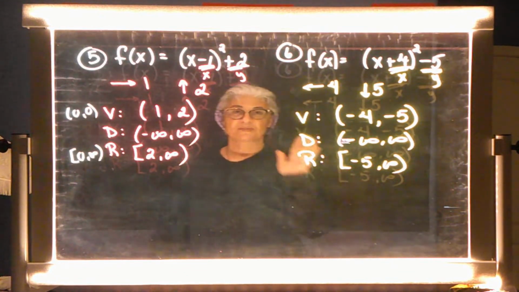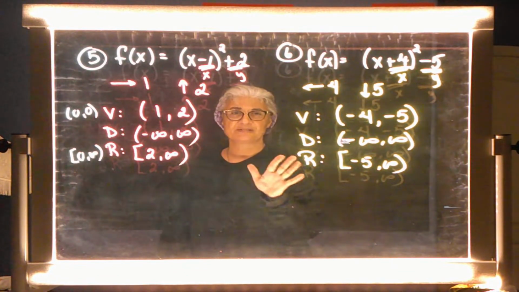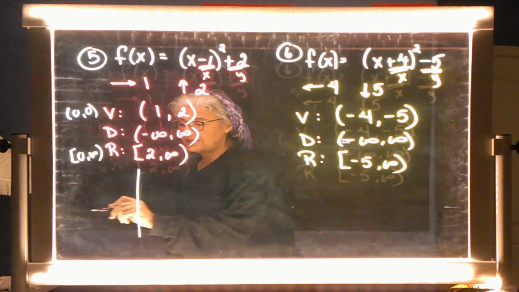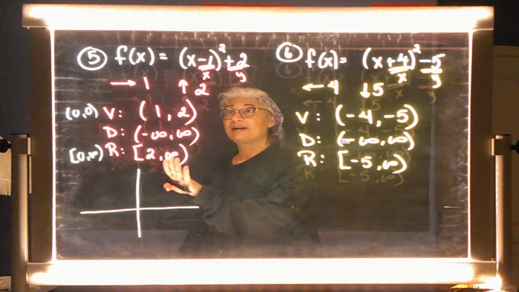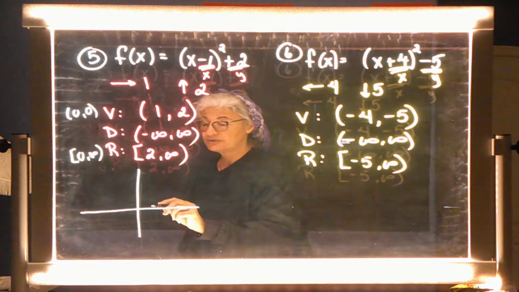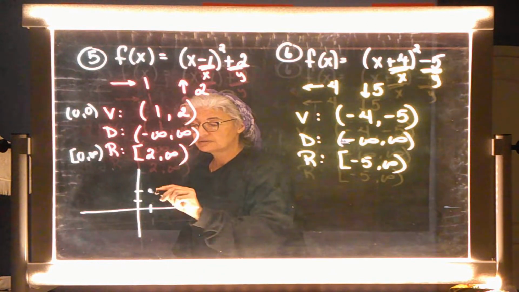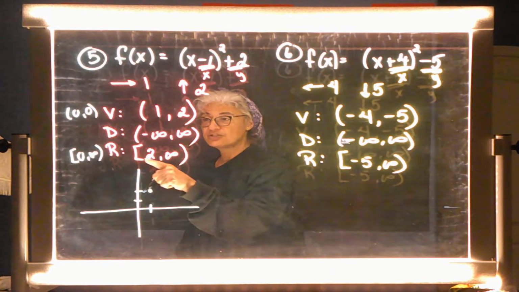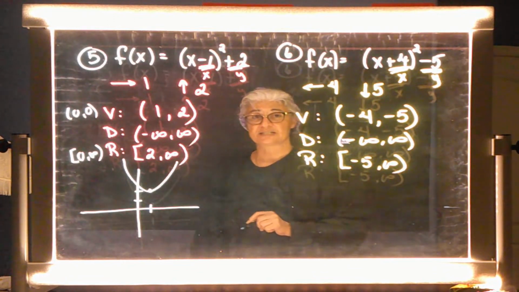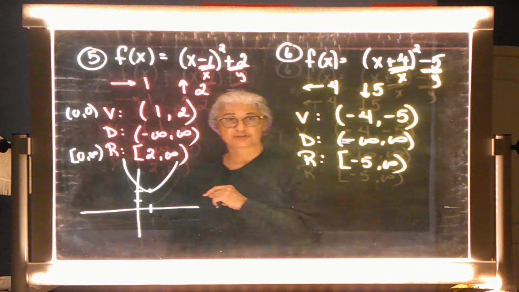Now, I'd like you to notice something visually speaking. If I take a look at the graph of number 5, I know my vertex starts at 1, 2, and my range goes from 2 to infinity, so it's going up in this direction, isn't it? Now I got a question for you.